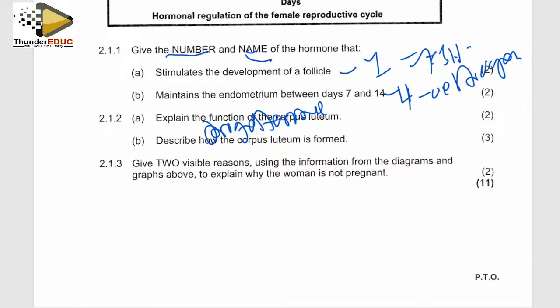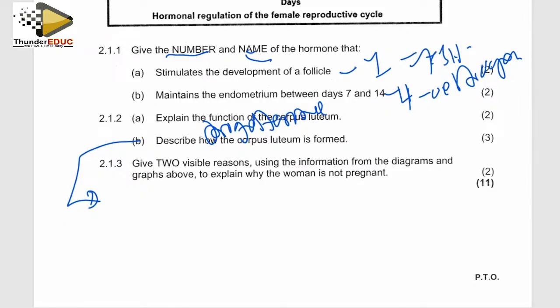How is corpus luteum formed? Corpus luteum is formed after ovulation. The Graafian follicle releases the ovum on day 14. The remaining empty Graafian follicle forms corpus luteum. Do you think that alone is enough?